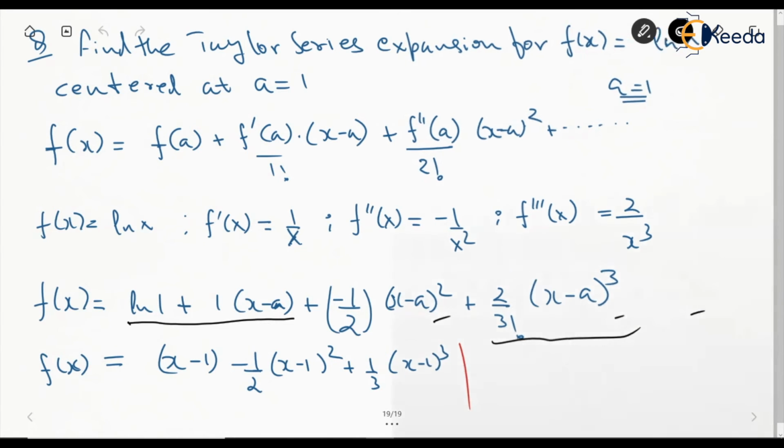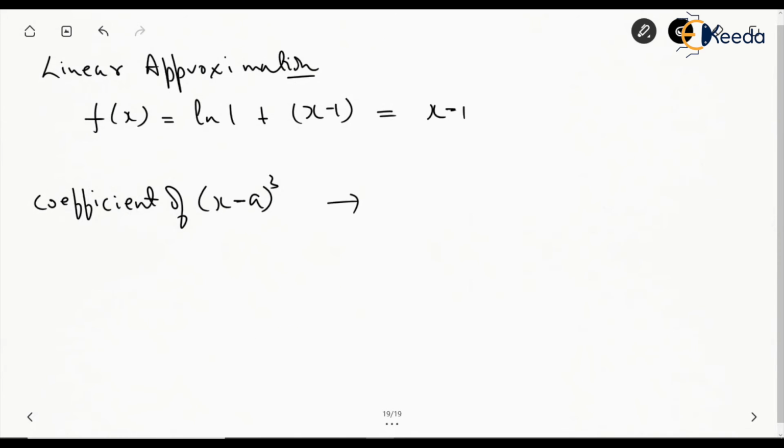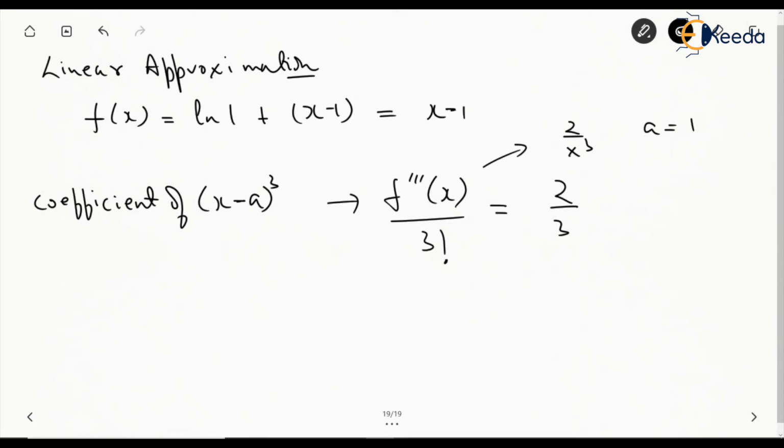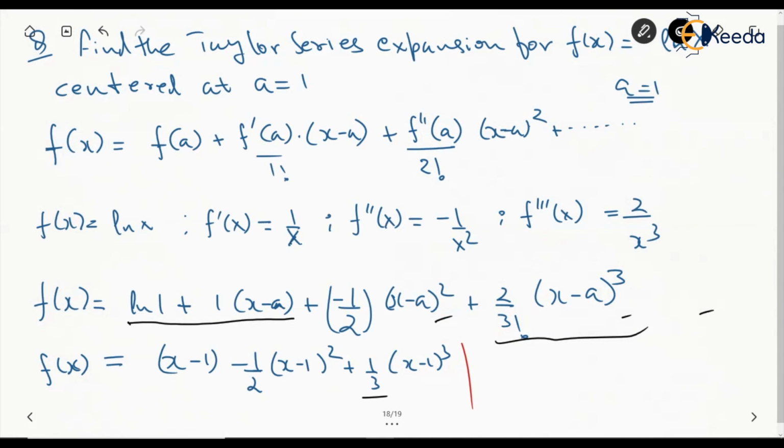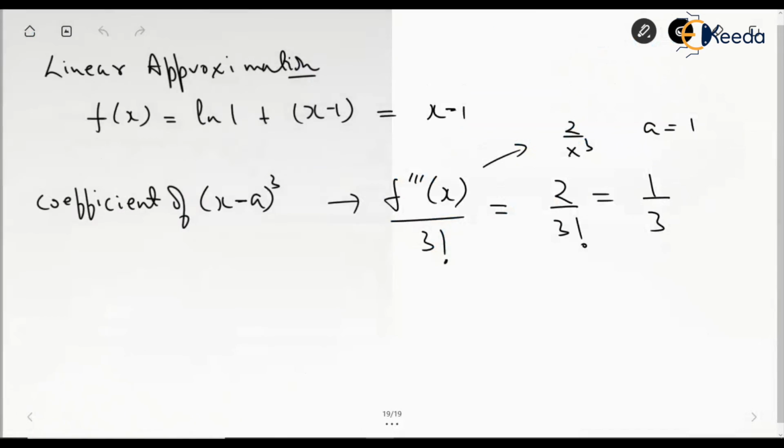So the coefficient is f triple dash x by 3 factorial, and that f triple dash x is 2 by x cube, and a is equal to 1. So this becomes 2 by 3 factorial, so this is 1 by 3, and that's what we have here also. You can see this is the coefficient of x minus 1 cube, because a is equal to 1 here.